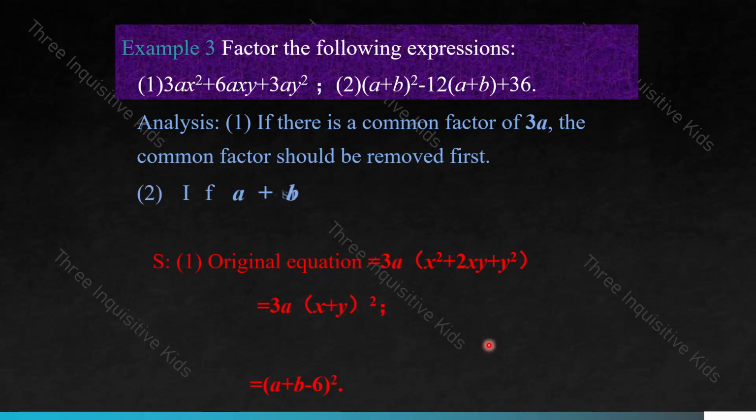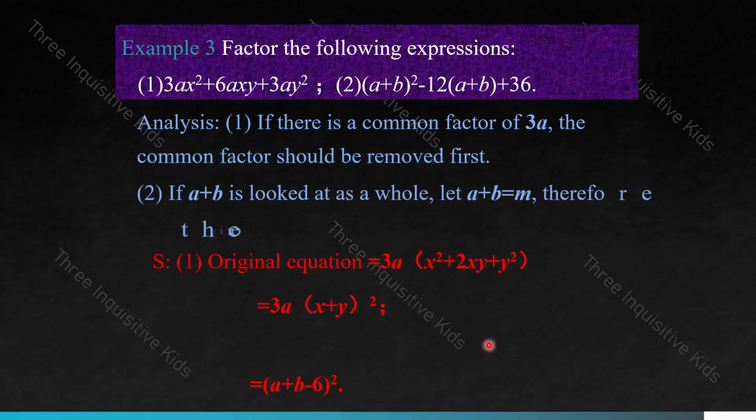Now our analysis for number 2. If a plus b is looked at as a whole, remember our holistic thinking from a few lessons ago, let a plus b be equal to m. Therefore, the original expression is m squared minus 12m plus 36. As you can see here, the first two terms have a common factor of a plus b.